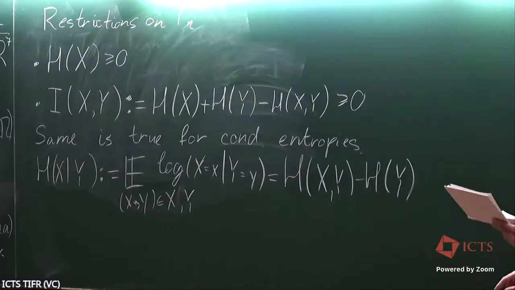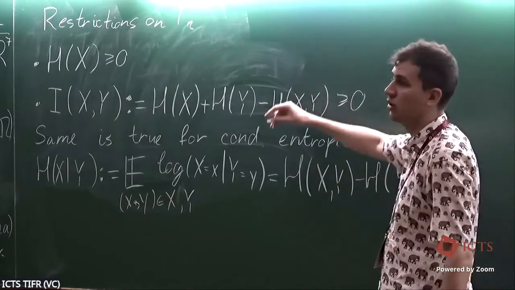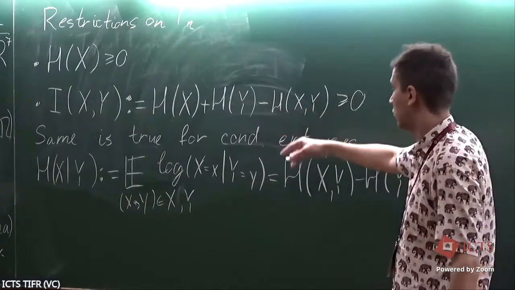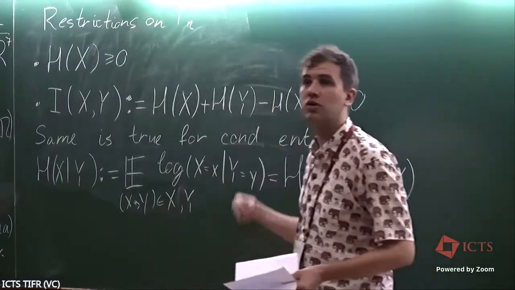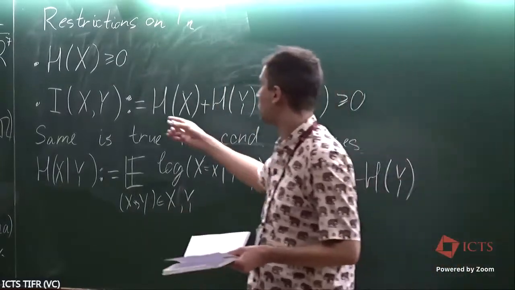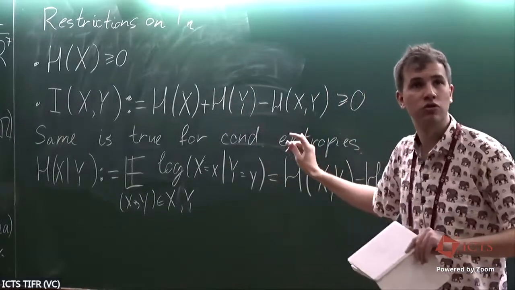So this is the definition, and what is good about this definition is that it's natural, and Shannon inequalities carry over to conditional entropies. So in particular, all conditional entropies are non-negative. And if we take this definition and condition everything on variable z, it's still true.